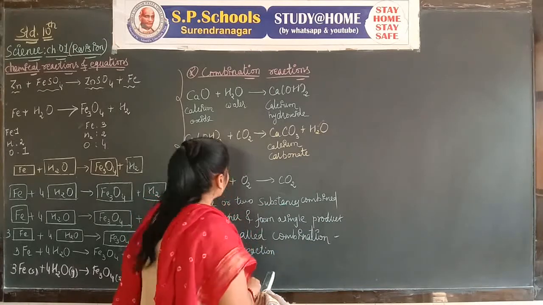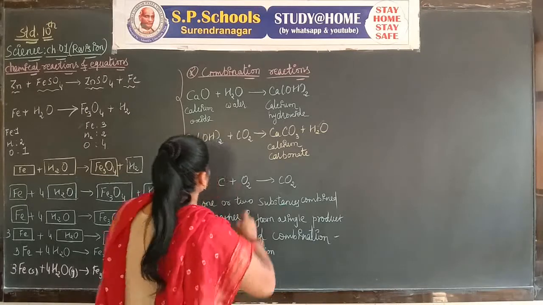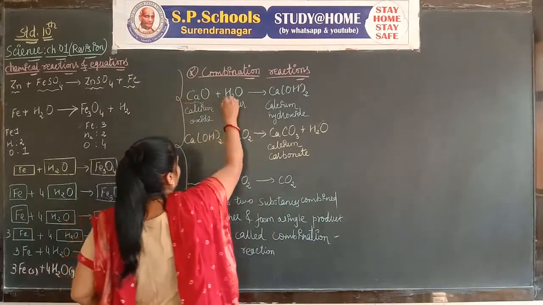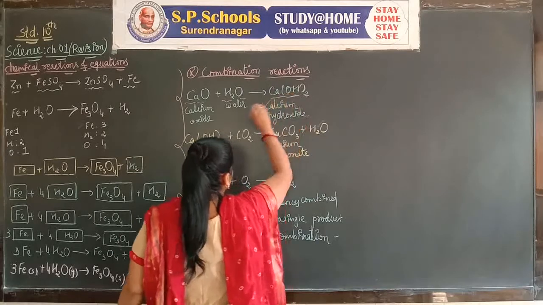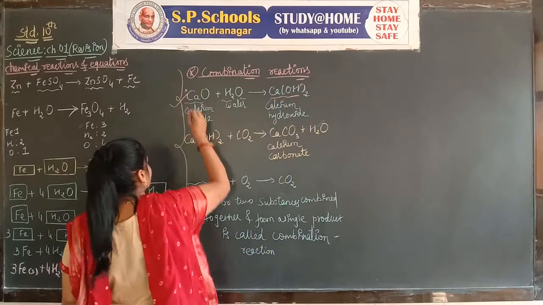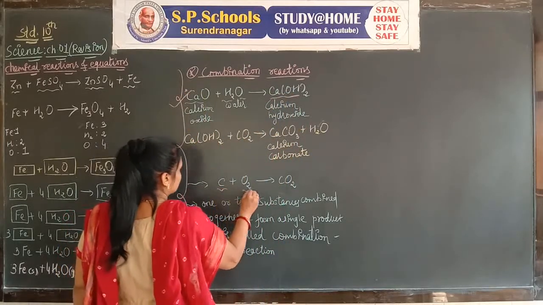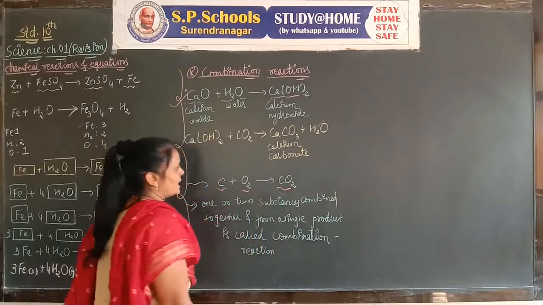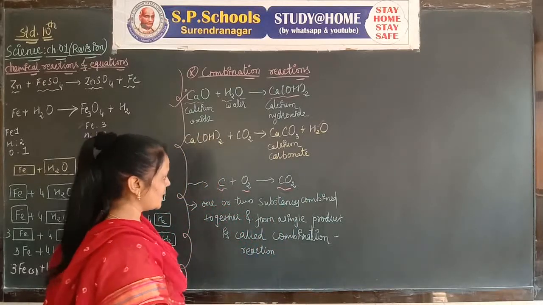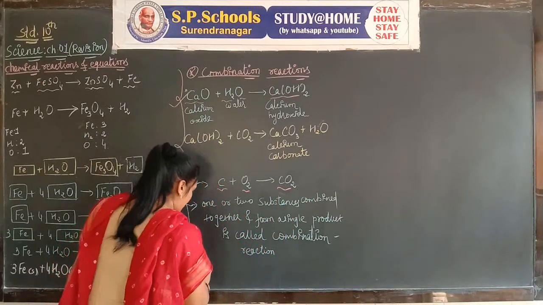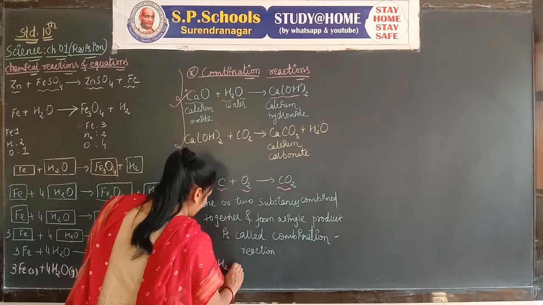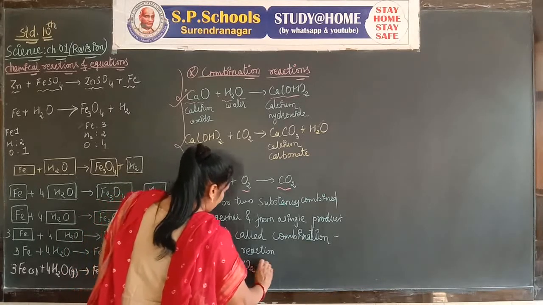Here see, CaO plus H2O gives Ca(OH)2, which is an example of combination reaction. Here C plus O2 gives us CO2, an example of combination reaction. Here H2 plus O2 gives us H2O.